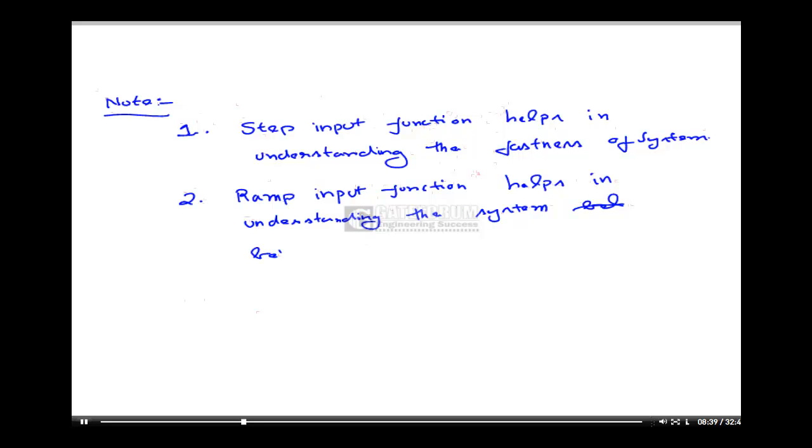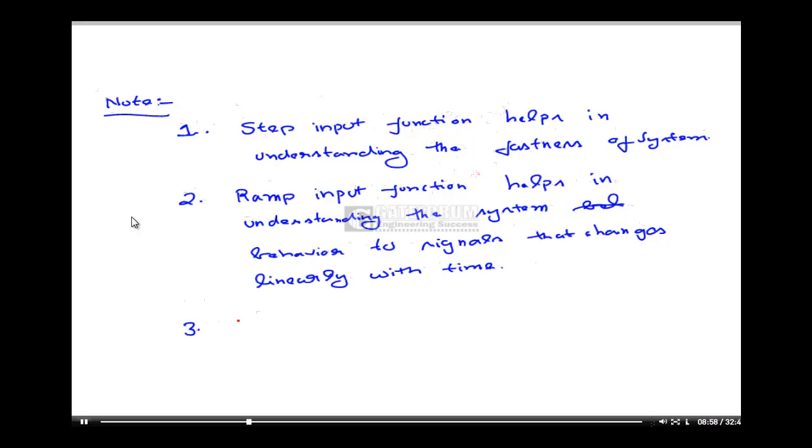System behavior to signals that change linearly with time.